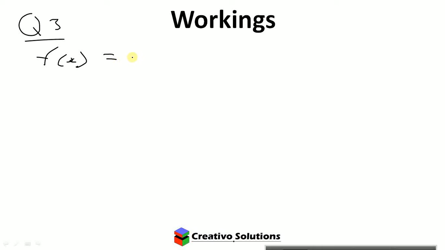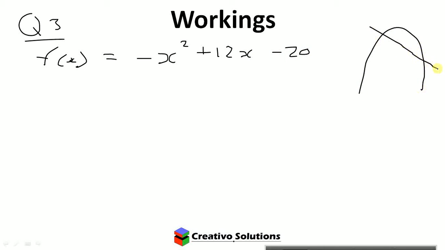Exactly. So this is going to be minus x squared plus 12x minus 20. The reason for that is because f of x is the top graph and g of x is the bottom graph.